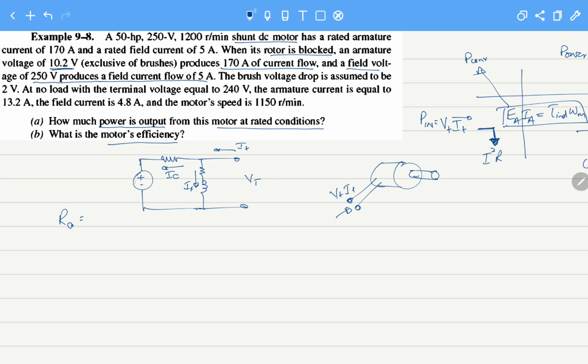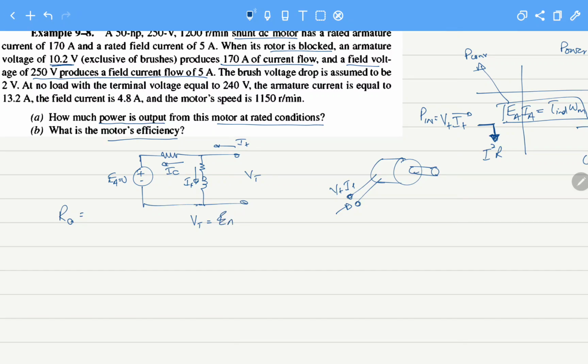If the rotor is not moving, EA equals 0, and in a shunt motor Vt equals Ea plus Ia Ra.